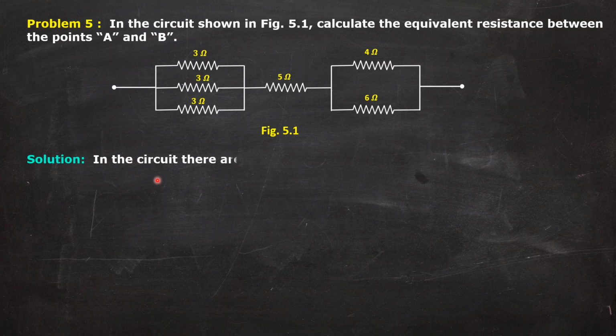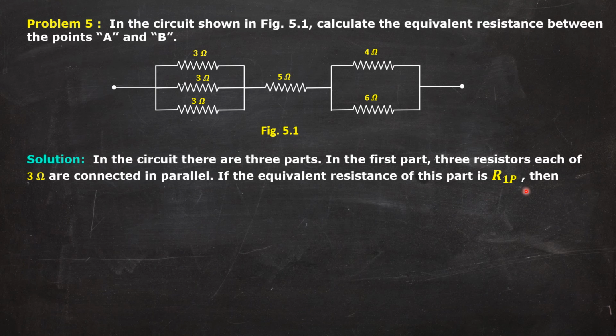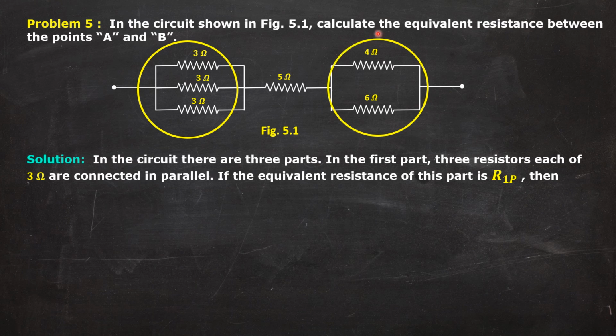Okay, now see here, solution. In the circuit there are three parts. In the first part, three resistors each of 3 ohms are connected in parallel. If the equivalent resistance of this part is R1P, then see here, this is the first part, here is the second part, and this one is the third part. Now I am going to calculate the equivalent resistance of the first part.